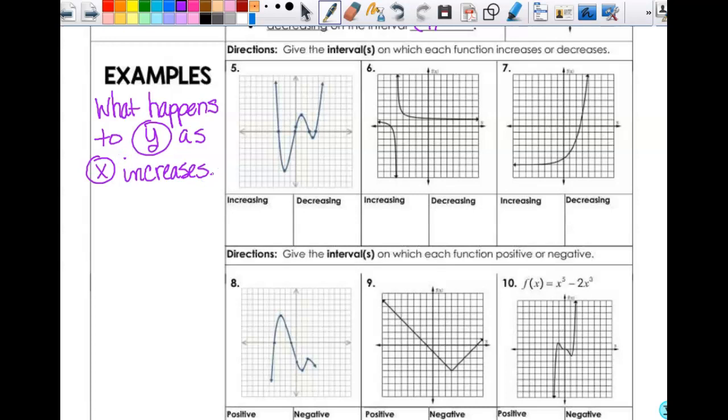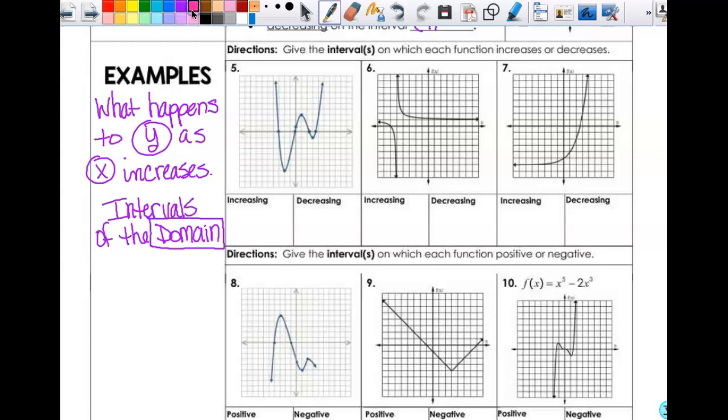And so you're looking at what happens to y, like y decreases as x increases. So this is decreasing. And then what you write down are intervals of the domain. Okay, so we are representing what is happening to y by writing down intervals of x. Okay, so keep that in your little brain here.